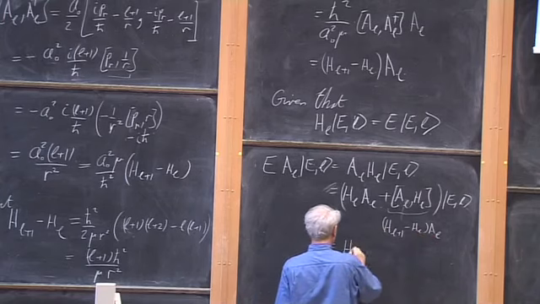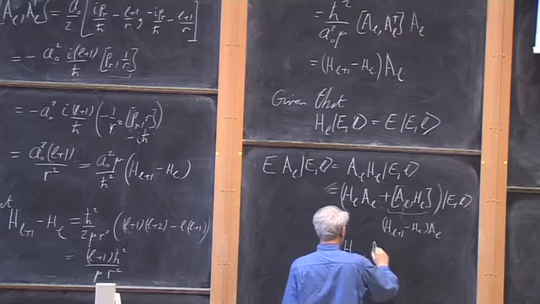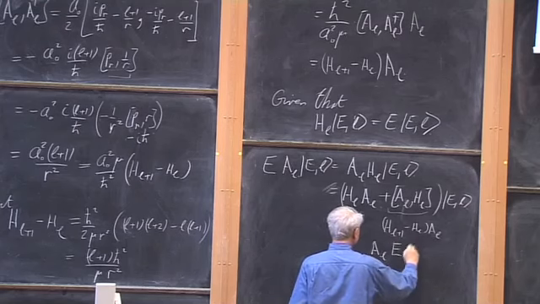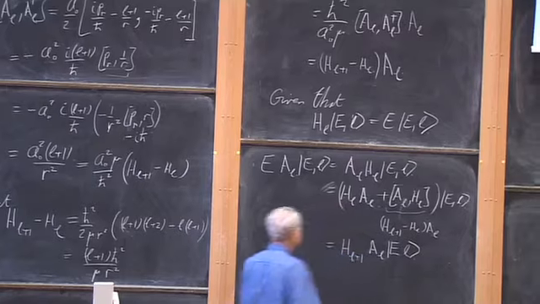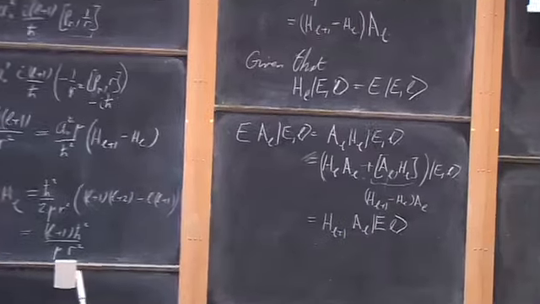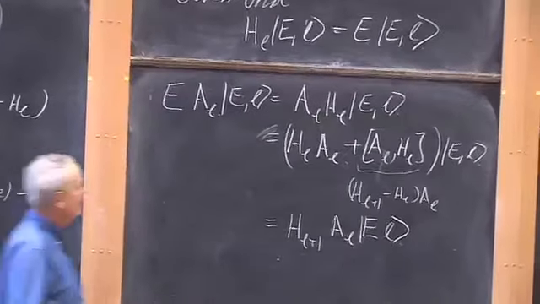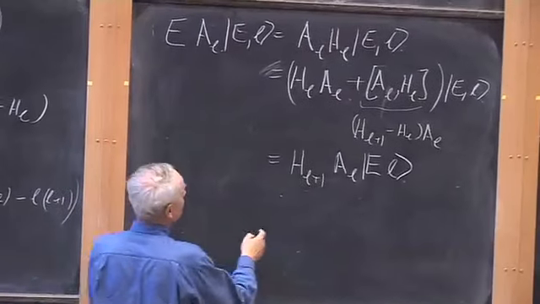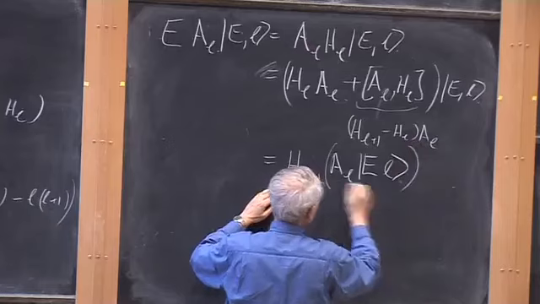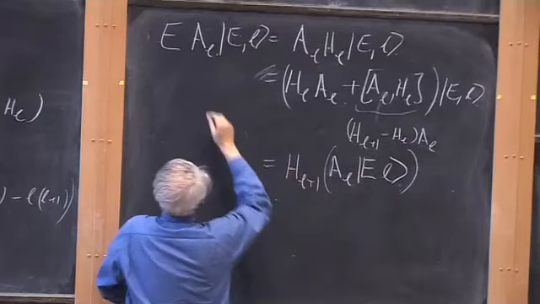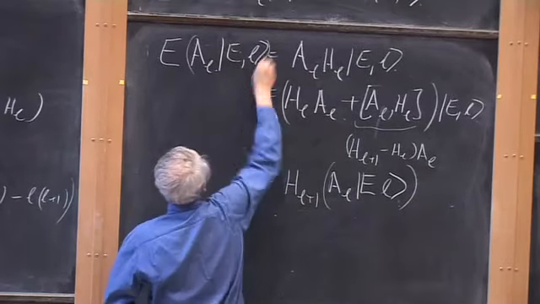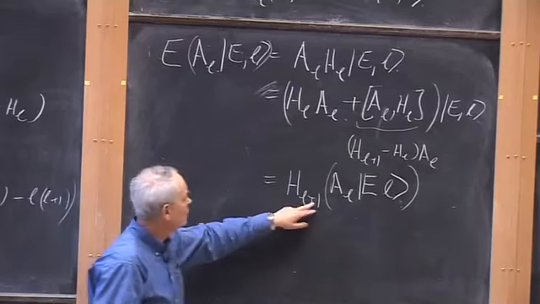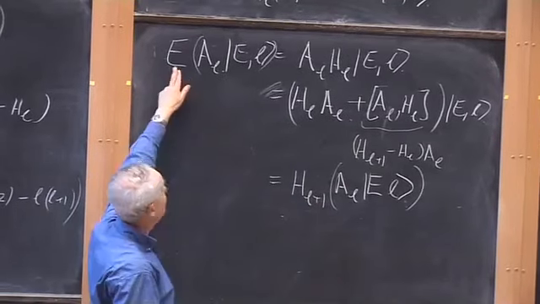So the whole thing is equal to HL plus 1 AL E and L. So we have achieved what we wanted to achieve. That is to say, we have shown that this state is an eigenstate, not of HL, but of HL plus 1, and for the same energy.